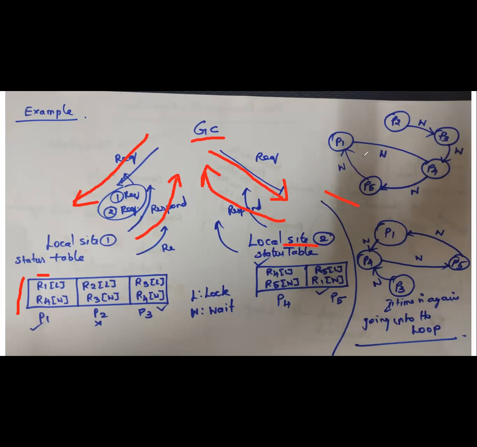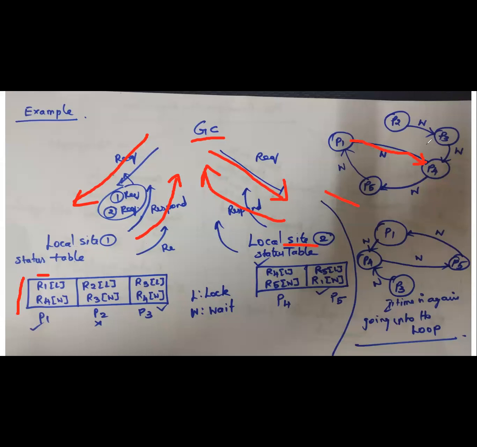First we have to identify all the waiting states. So P1 is waiting for P4, that is nothing but R4. What is the next condition? P2 is waiting for R3 and R3 is locked by P3. So P2 is waiting for P3, that is nothing but R3, which is locked by P3.